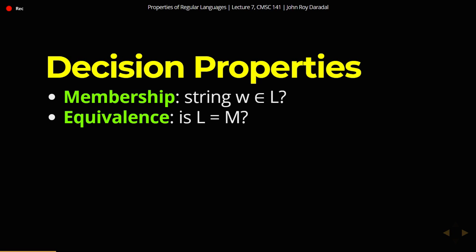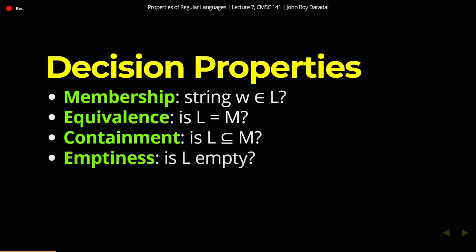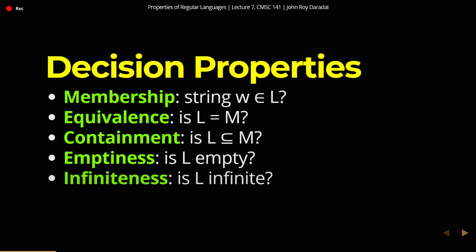Next, we have equivalence. So given two languages, L and M, are they the same? Are they equivalent? And then containment. Is L a subset of language M? And then emptiness. Is the language L empty? Infiniteness. Is L an infinite language? So does it have an infinite number of strings?